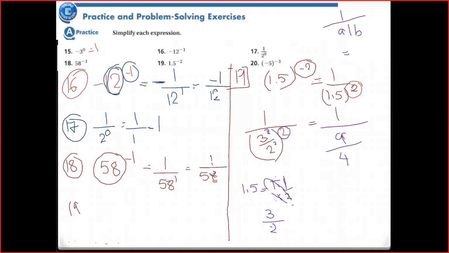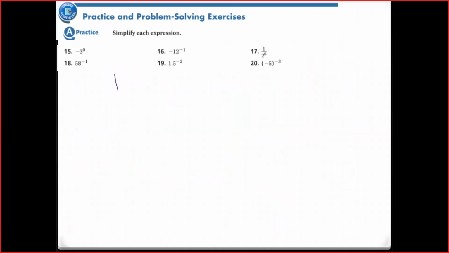Look here. 1 divided by 9 over 4. How can you solve it? We say that it's like this, and the answer is 1 over 9 over 4.